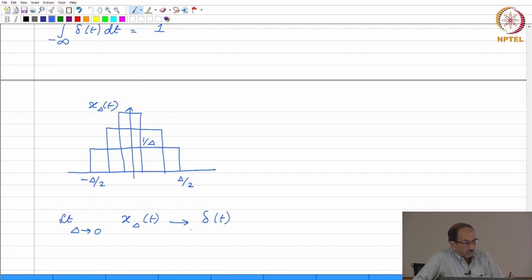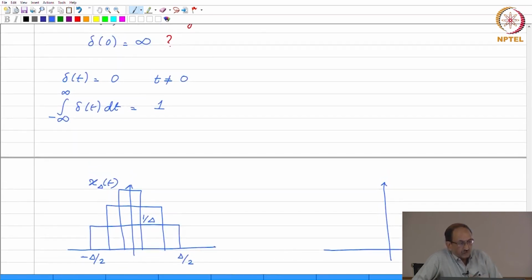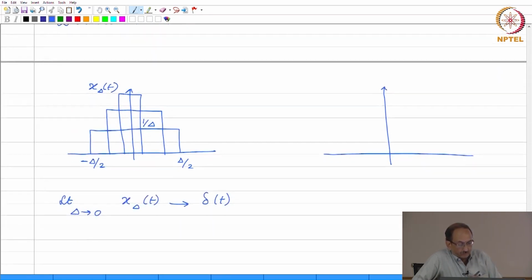And when you look at the delta function from this viewpoint, it indeed seems that delta of 0 must go to infinity, right. It is infinitely tall, infinitely thin, area is 1, and this is what the delta function is as what we are used to. Because delta of t is defined by these properties, here is another sequence.